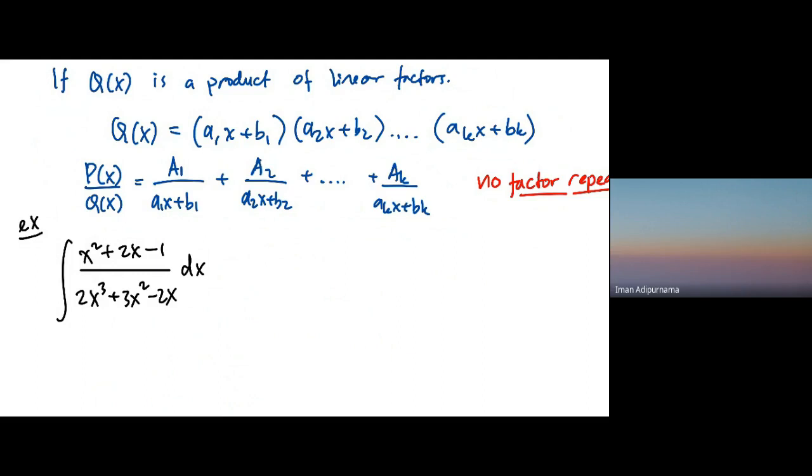And then we can factor out x, and then probably we can factor the 2x squared plus 3x minus 2, right?